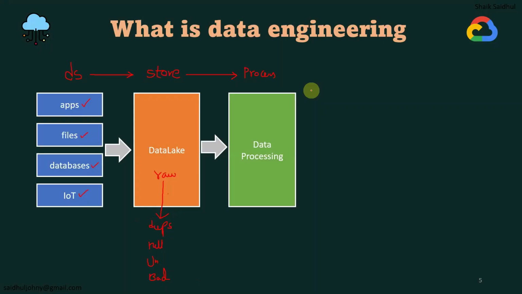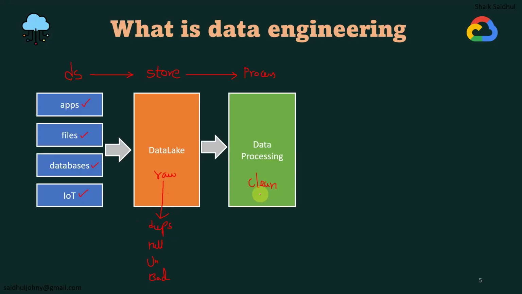We try to add some kind of value to the data so that it will be useful for analysis purposes. So you are going to read the data from this data lake, apply some processing steps, and add value to the data. Now this data will be useful for analysis because you have clean data here.